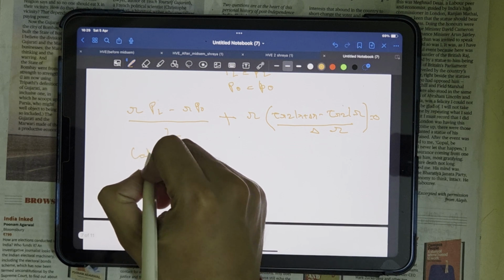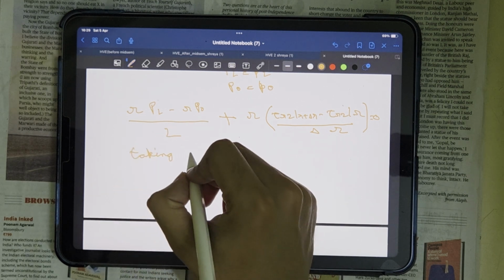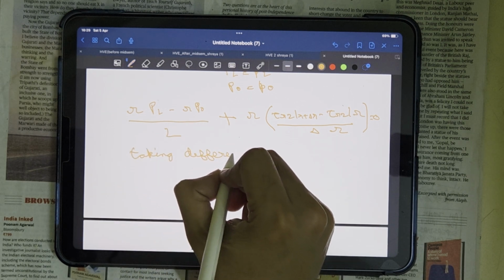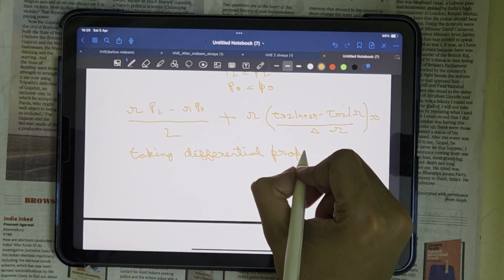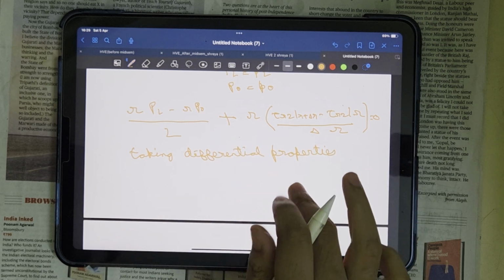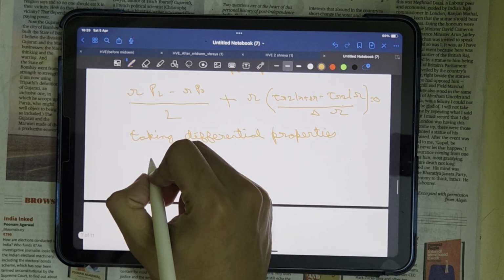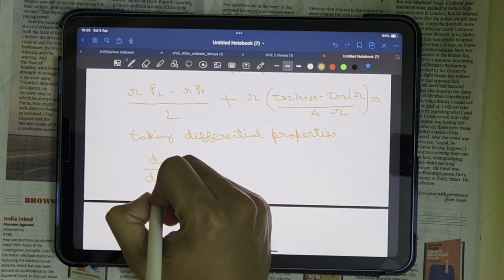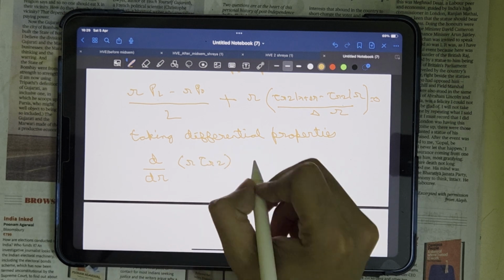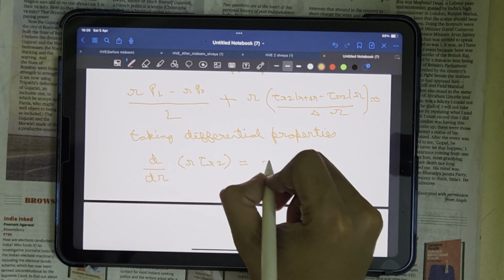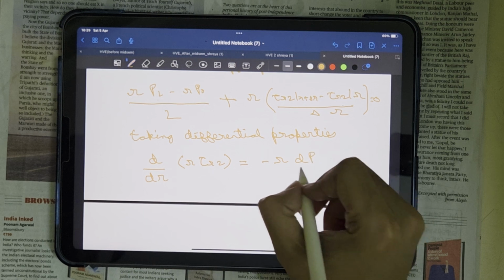Now taking differential properties, the above equation will become d by dr of r tau rz is equals to minus r d by d.